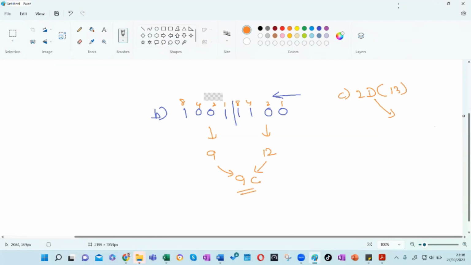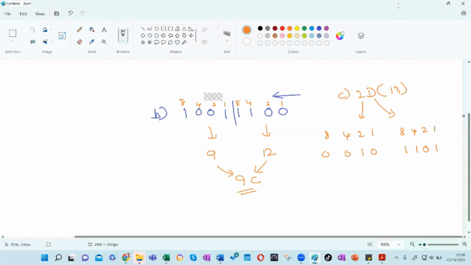So you write the positional values 1, 2, 4, 8, and for 2, we write 1, 2, 4, 8. So how do you write 2? There's 1 two, no ones, no 4s, no 8s. 13: that's 1 eight, no 4s. No, sorry. 1 eight, 1 four, that's 12, and 1 one, that's 13. Okay, 8 plus 4 is 12, plus 1 is 13.